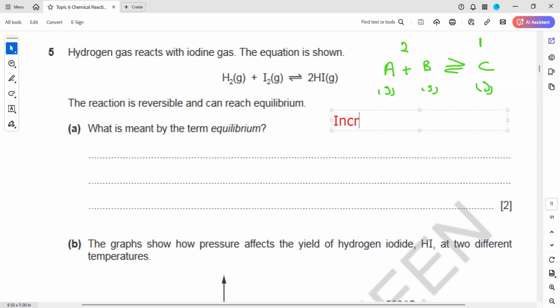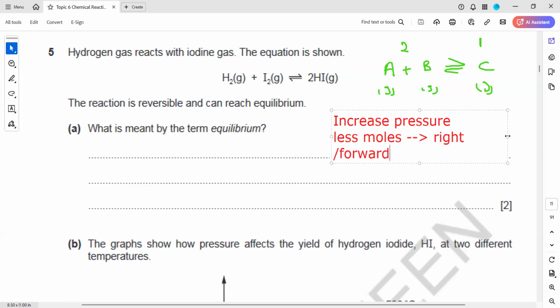If you increase the pressure, where will the balance shift? It will shift towards the side of fewer moles. Which side has fewer moles here? So it will shift towards the right hand side, or forward. Increasing the pressure always shifts the equilibrium towards the side with fewer moles of gas.